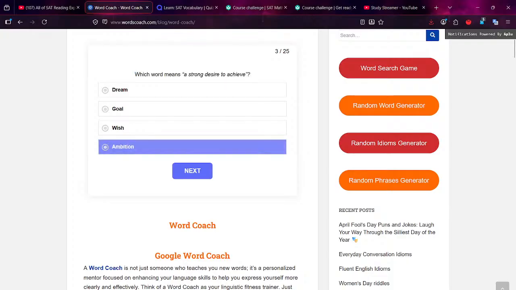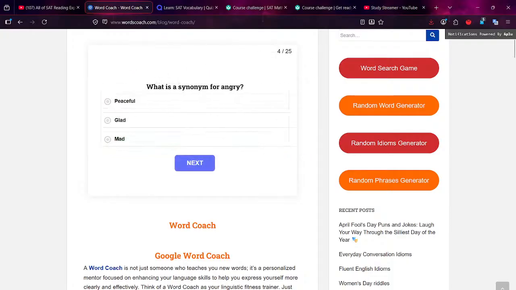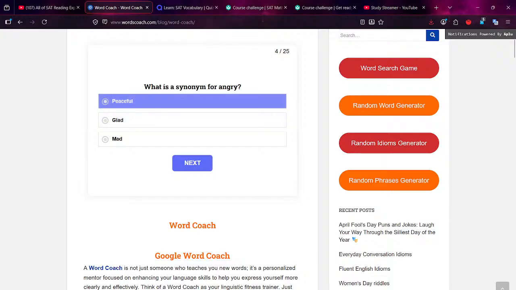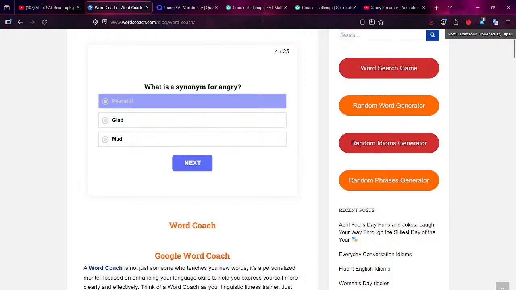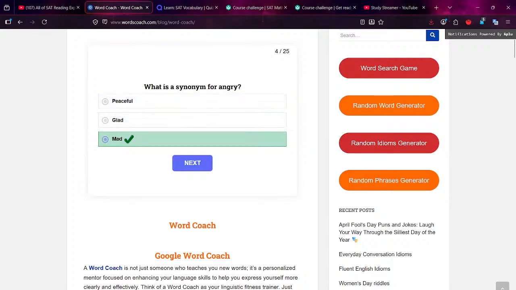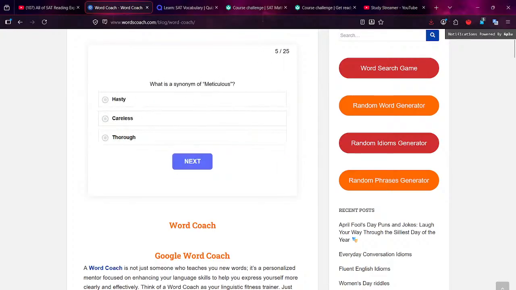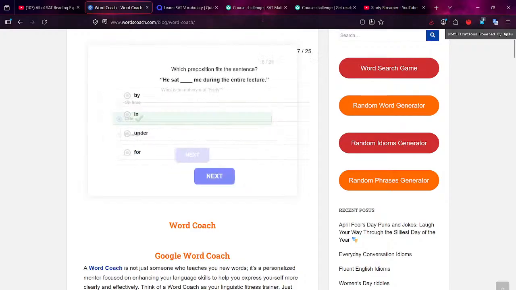That's going to be ambition. A synonym for angry is going to be mad. Meticulous is going to be thorough. Synonym, so yeah, thorough. An antonym of early is going to be late.